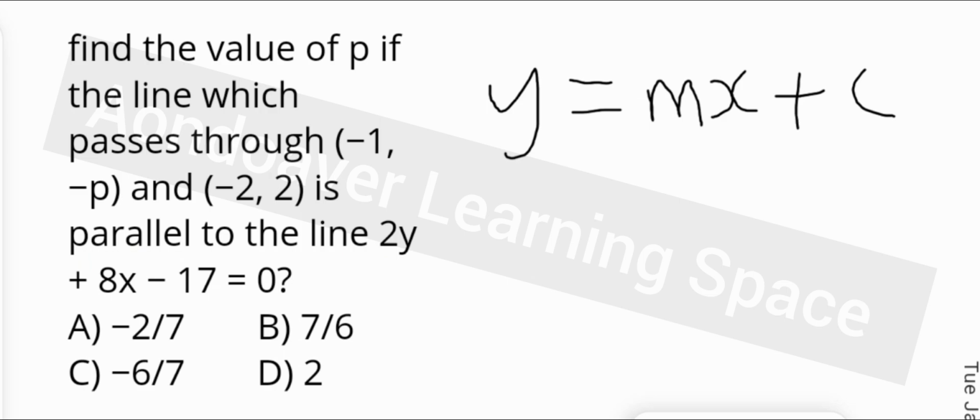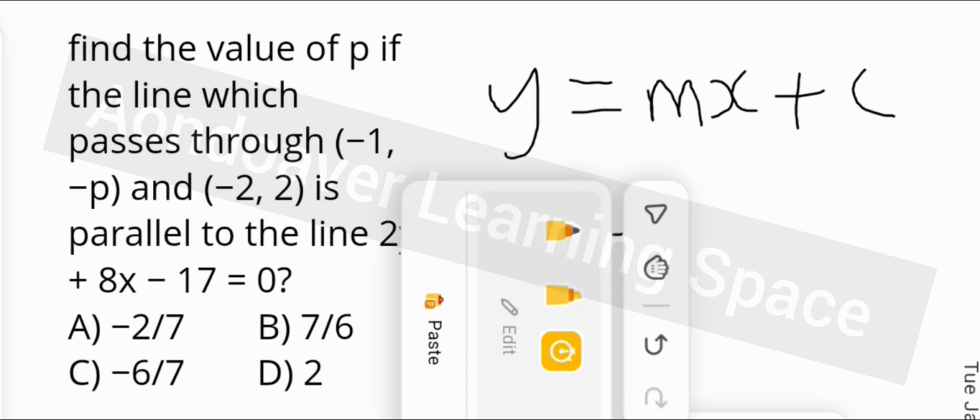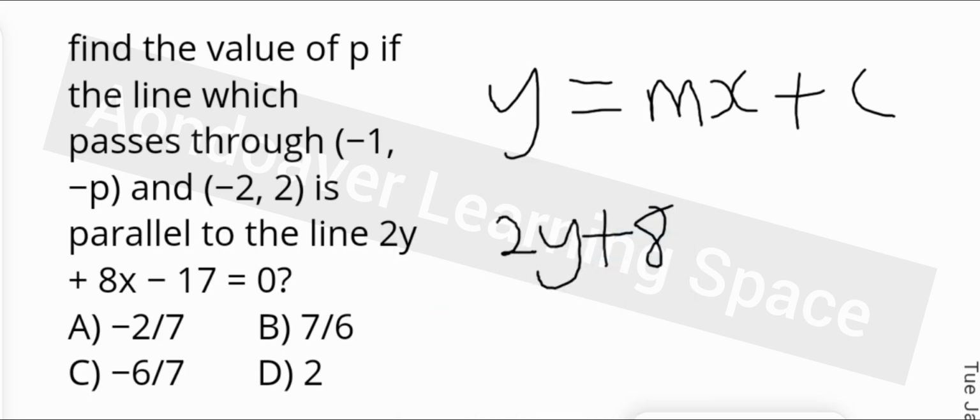So from this equation, we have 2y + 8x - 17 = 0.